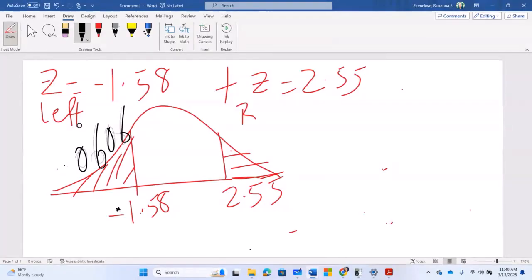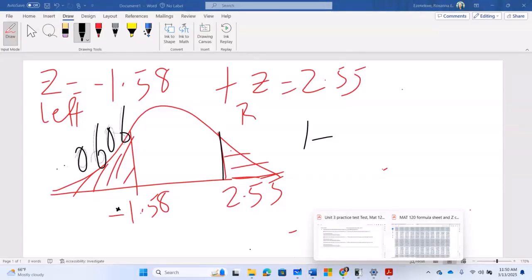Okay, for this area, what I'm going to do is 1 minus the area to the left. So I'm going to calculate 1 minus the area to the left of 2.55. If I'm finding area to the right, I can use a calculator to do that. By the way, if I'm reading the chart, I will just pull that up.